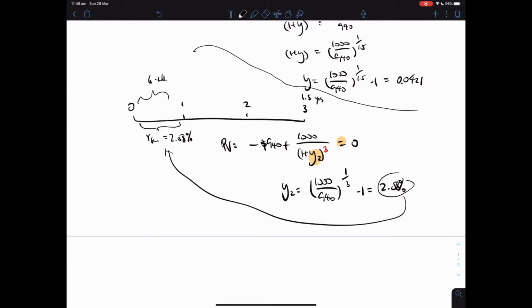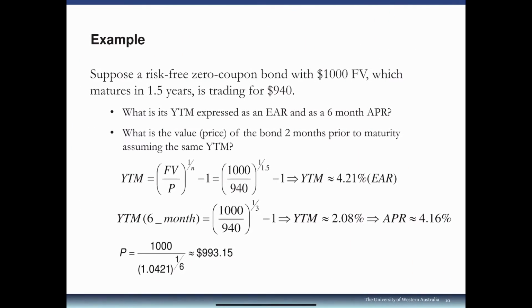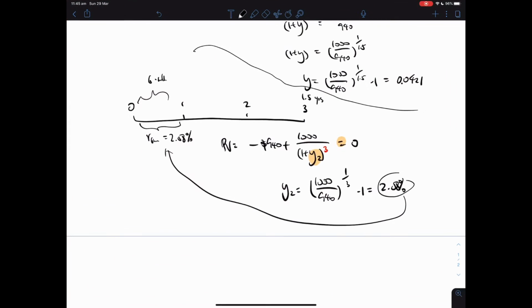But the question here is to say, as a 6 months APR, and this is a periodic rate. So R 6 months equals 2.08%. The corresponding APR is going to be 2 times the 6 months rate, because there were 2 6-month periods in 1 year, and that becomes 4.16%. And that's the answer we'll be looking for.